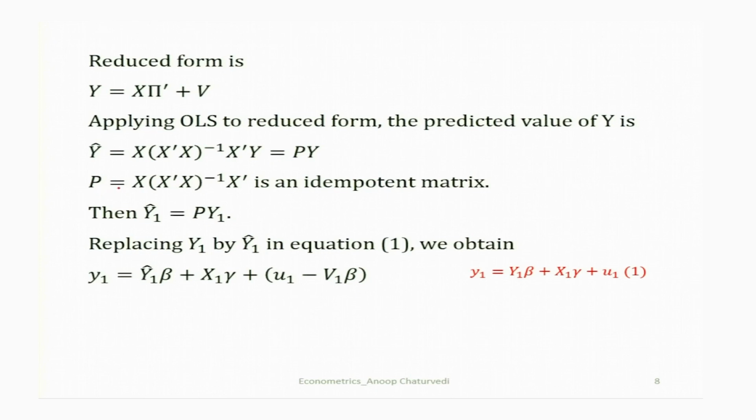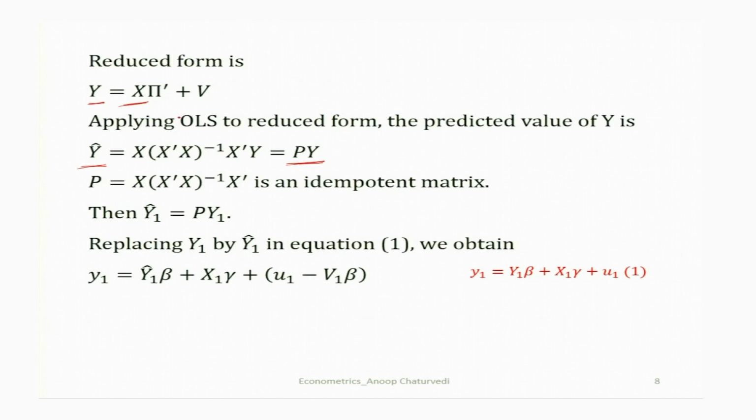And then suppose we take P equal to x, x transpose x inverse x transpose, then y hat is equal to P y. So, y hat is actually the predicted value of y when you run regression between capital Y and all the predetermined variables x's.